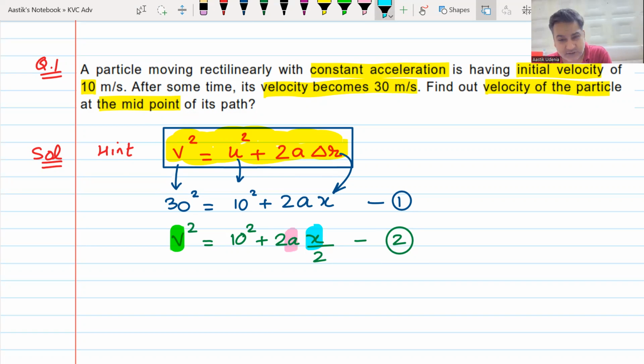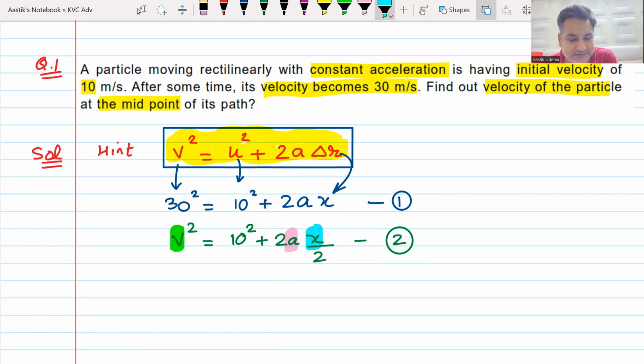No, you can still solve this for the value of V, because from equation number 1, you can find out the value of A into X or 2 times A into X, depending on what you are looking at. And then you can put that value from equation number 1 in equation number 2.